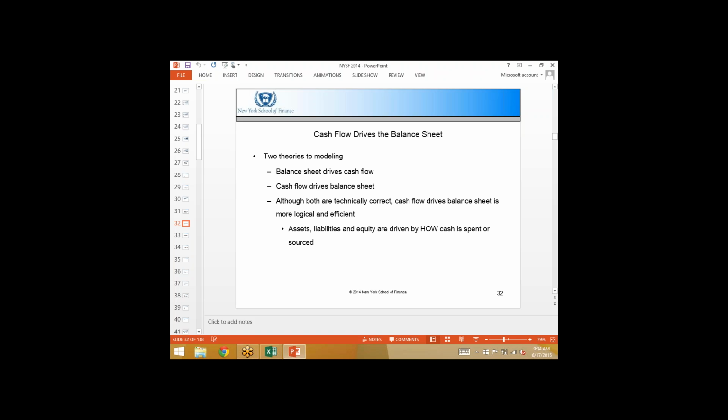Of all the three statements, the cash flow statement is generally the most accurate, so you really don't want to plug that one. It's generally the most accurate because it's often tied to the actual bank statements. Right? It's not based on non-cash items that may or may not be subjective. A lot of these things, revenue recognition, depreciation, are subjective. Cash is tangible.